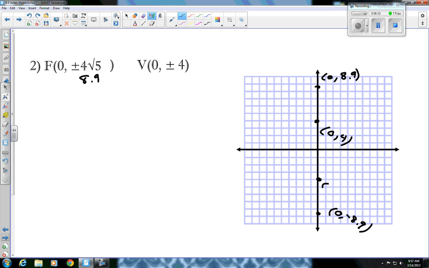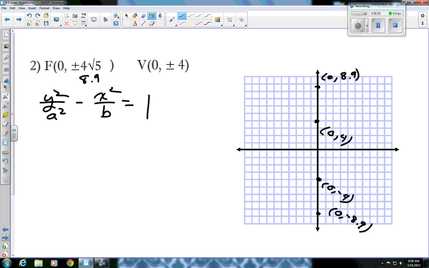Okay, so this time, which way is this hyperbola going to be opening? Up and down, right. So which comes first this time? Y squared. So I have y squared over a squared minus x squared over b squared equals 1.